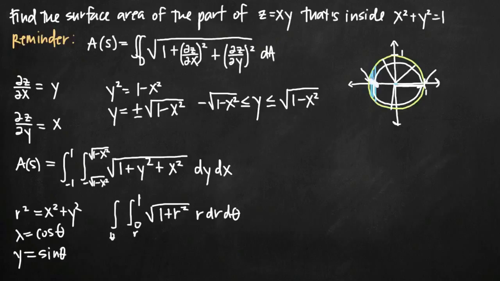If we were just asked for the semicircle above, let's say the x-axis, then we would want limits of integration of 0 to pi. But because we want the entire circle here, we're going to say 0 to 2 pi.